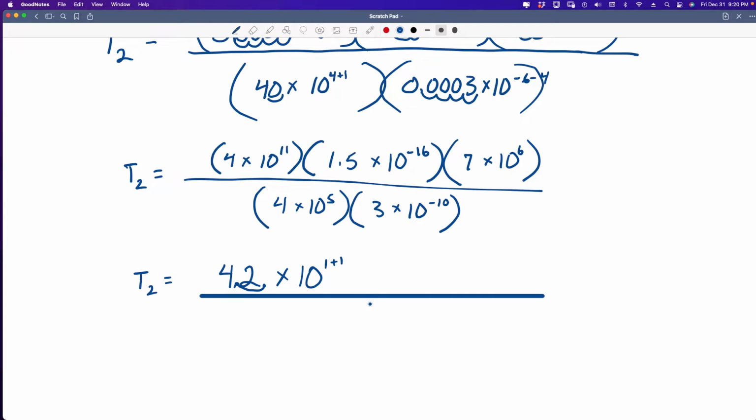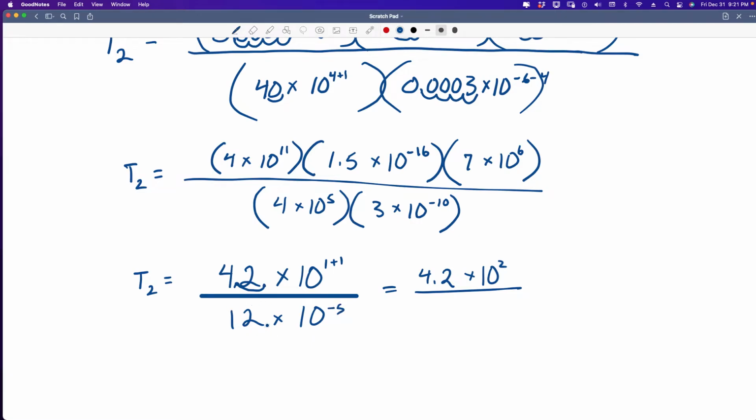So that's going to be a positive 1. So this is going to end up being, let me erase this, that equals 4.2 times 10 to the 2. Okay. Now let's do the bottom. 4 times 3, that's 12, times 5 minus 10 is 10 to the negative 5.